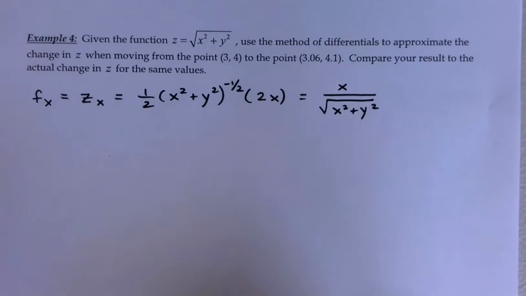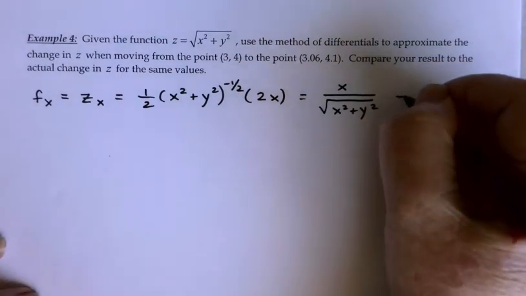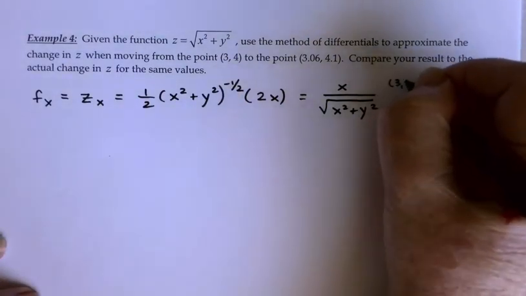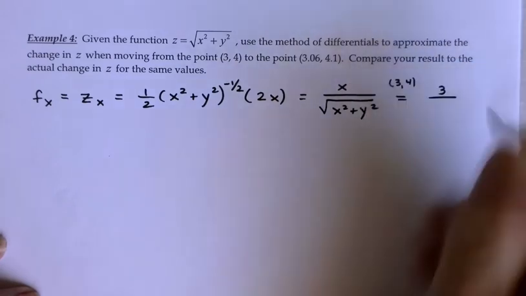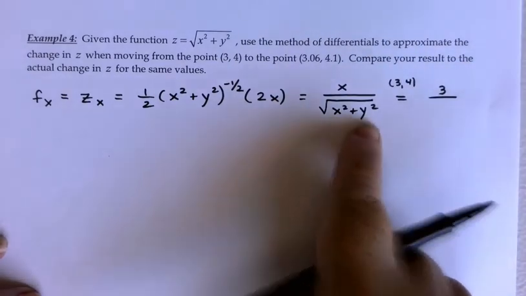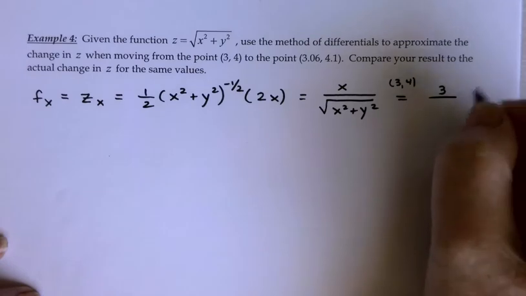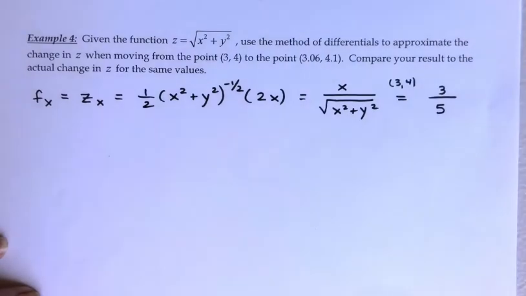And if I plug in my starting point, which was 3,4, 3 on the top, and the square root of 9 plus 16 is the square root of 25, so that would just be 5 on the bottom.